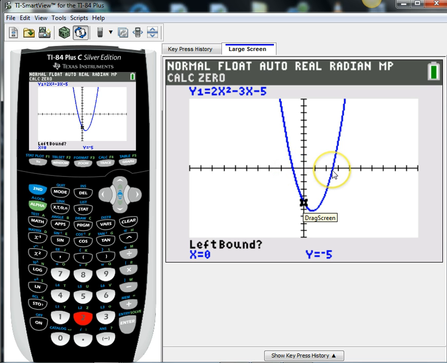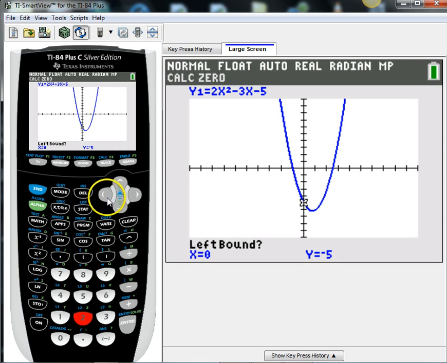So what we're going to do is take the arrow key and move it to the left. We're going to narrow in, we're going to put 2 lines near the point that we're interested in, and we're going to tell the calculator to find the point that we want.